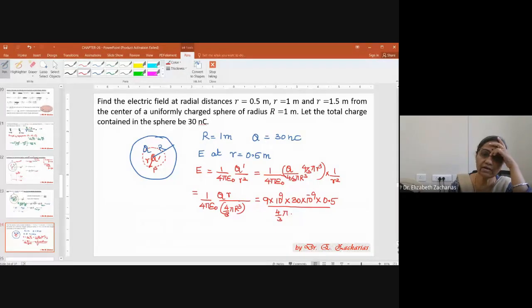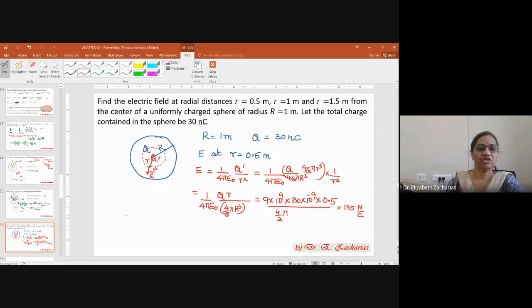What is capital R? Capital R is 1 meter. That's it. If you do this calculation, I have got 135 Newton per Coulomb. And what is the direction? The direction will be radially out.